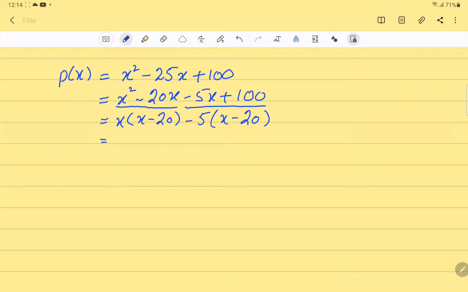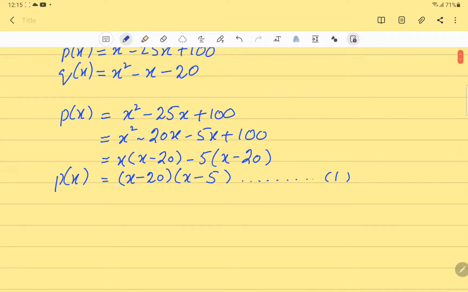Now in both the terms we have x minus 20 common, and in the second bracket we are left with x minus 5. This is the factorization of our first expression. Let us call it number 1.